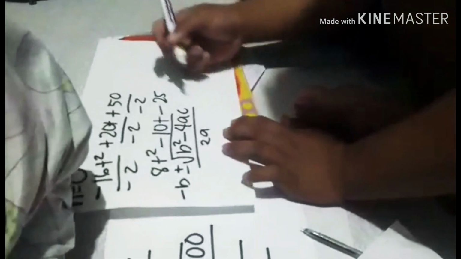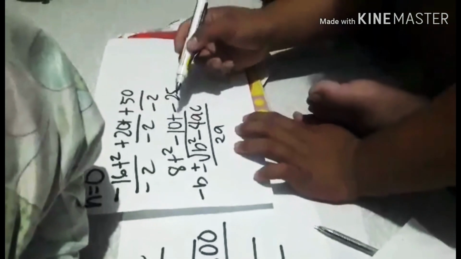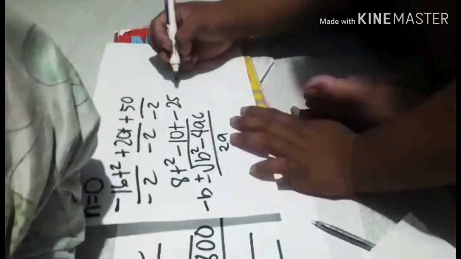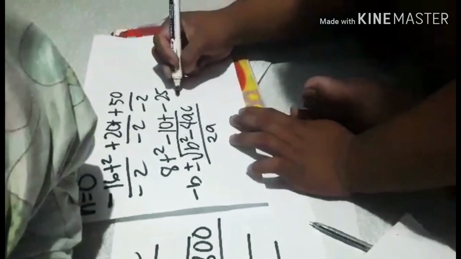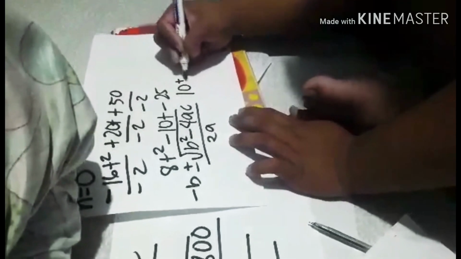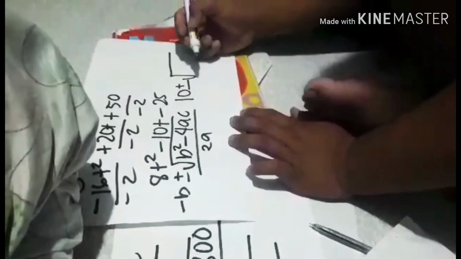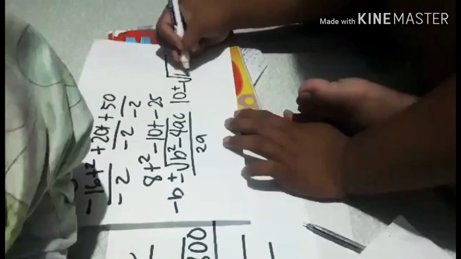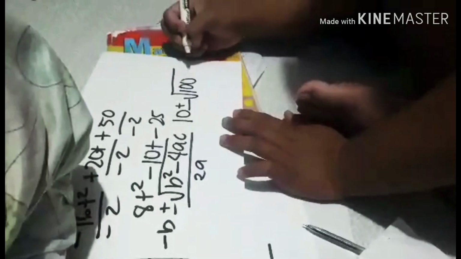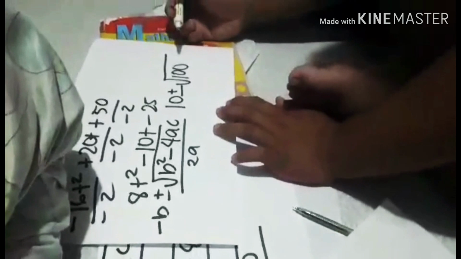So, negative b, negative 10 times negative, is equal to positive 10. So 10 plus or minus square root of negative 10 squared, which is equal to 100, minus 4ac.